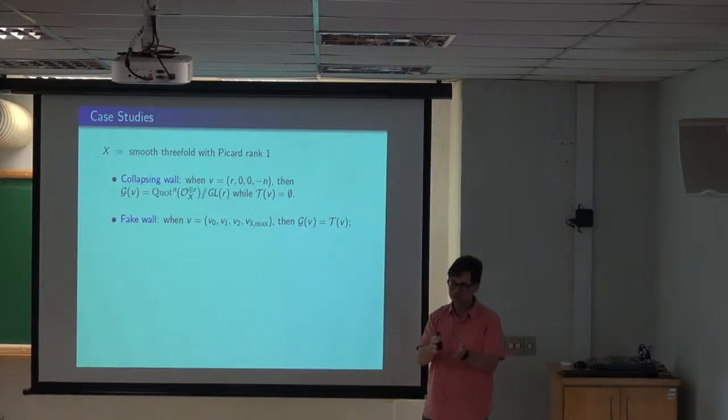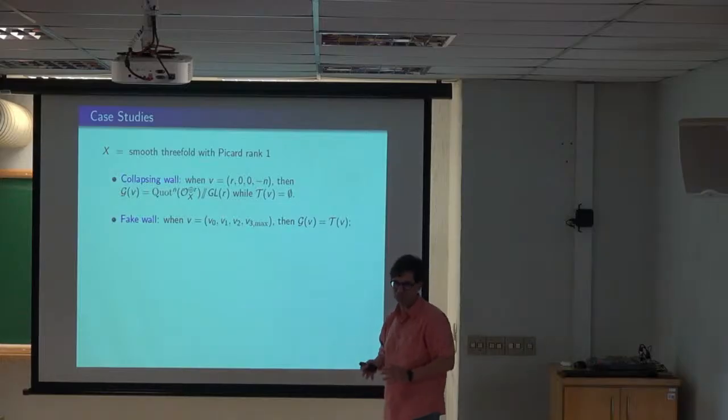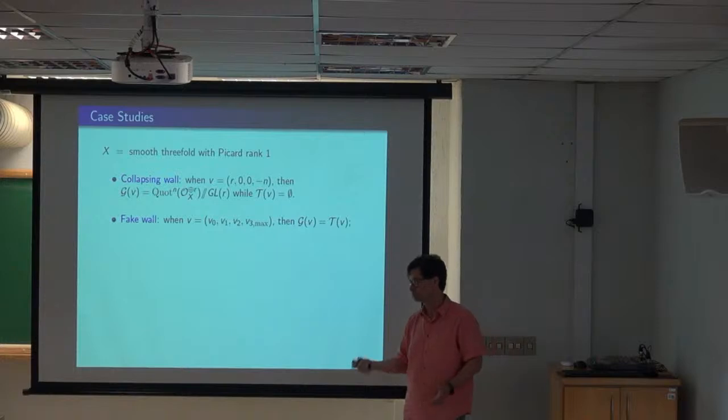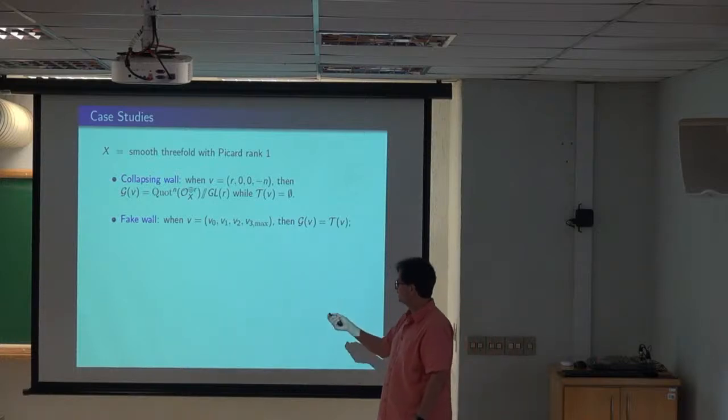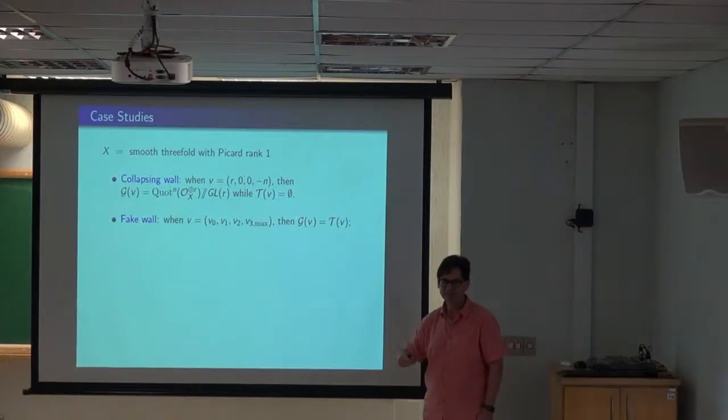Everybody is stable. The wall doesn't even notice that it crossed the wall, because the set of stable objects does not change. That's what I mean by a fake wall. And that happens for some particular choice of Chern characters, where the Gieseker moduli space turns out to be the same as the PT moduli space.